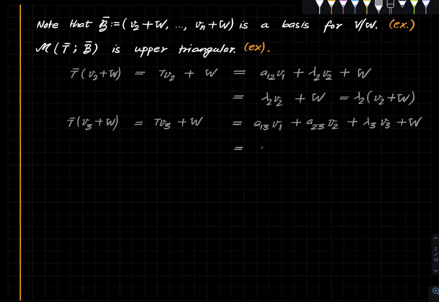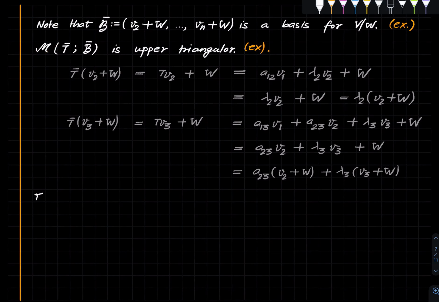So this is equal to A23 V2 plus W plus lambda 3 V3 plus W. And yeah, so if you look at the matrix representation, it is indeed upper triangular. I mean, just prove it inductively if you like. Fine. So these two statements I assume you follow. So therefore, thus by the previous statement, this T bar is upper triangulable.